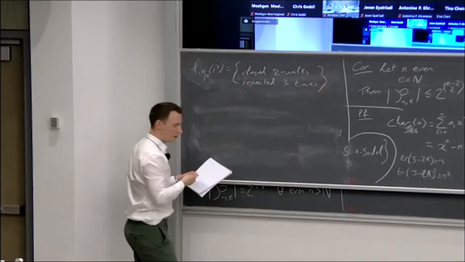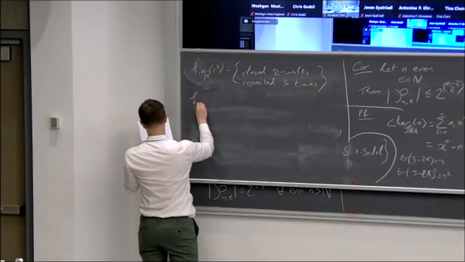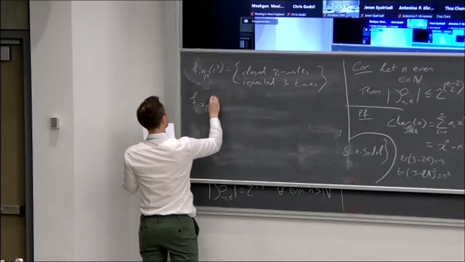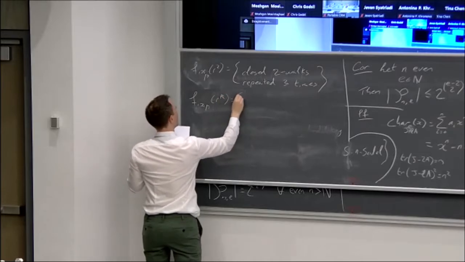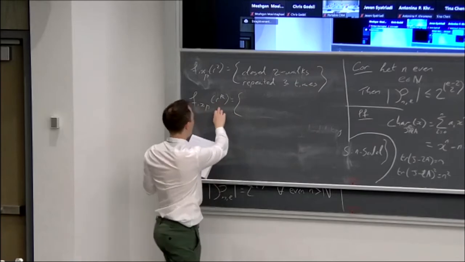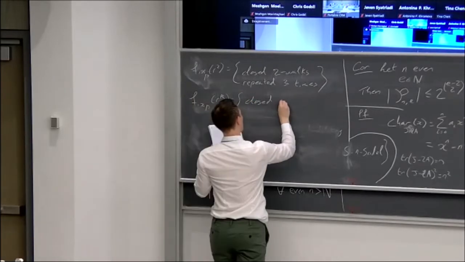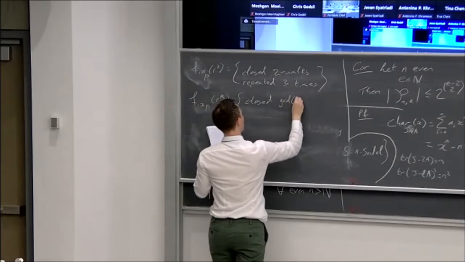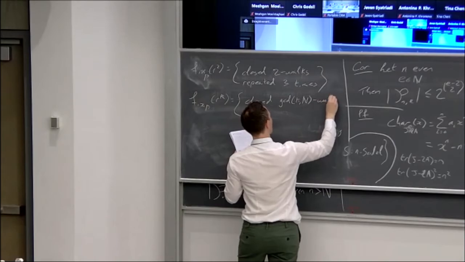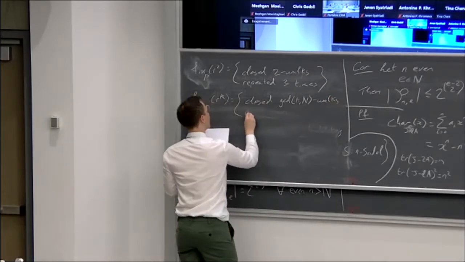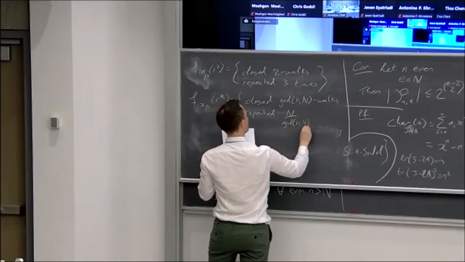Okay, and if you push this a bit further, or do this in general, you'll see that the fixed set for any rotation R^k is described as closed gcd(k, n) walks repeated n over gcd(k, n) times.